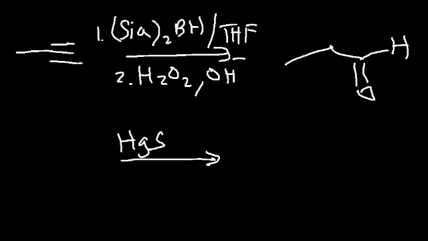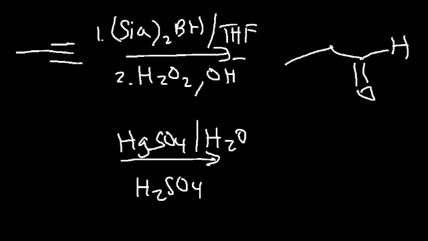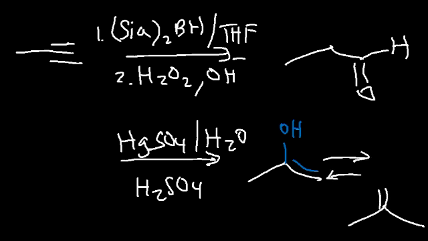Now, if you were to use mercury sulfate with water and sulfuric acid, initially you're going to get a double bond with an OH group, but this enol is going to tautomerize and turn into the ketone form. So that's how you can make an aldehyde and a ketone from an alkyne.